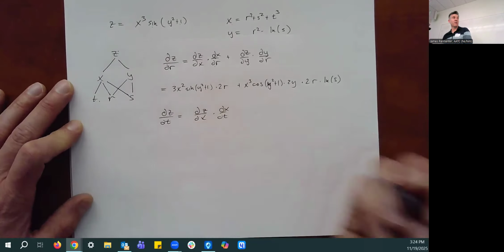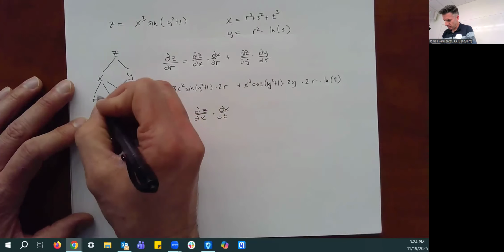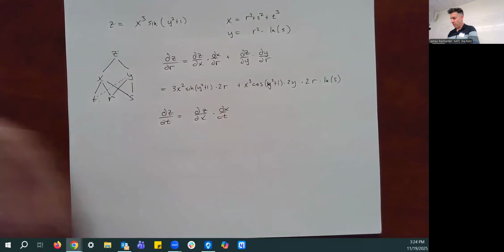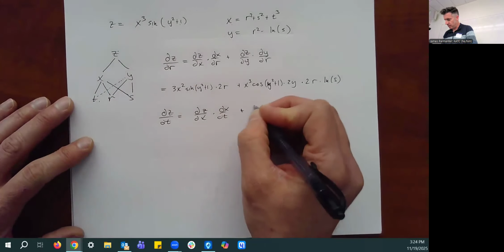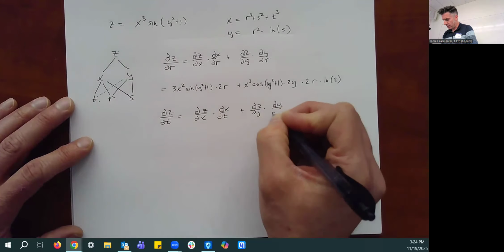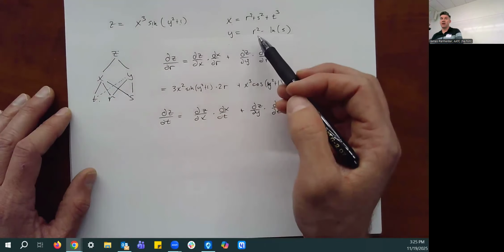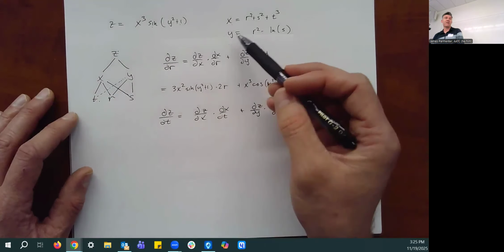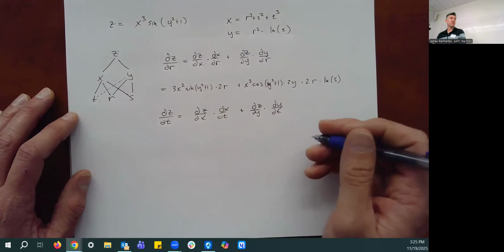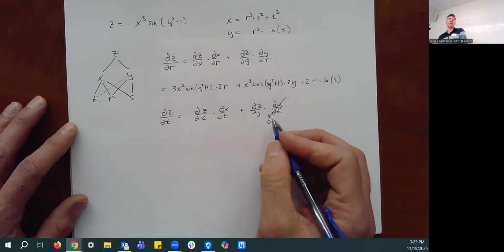If you felt compelled to write the other part, you'd say there's a pseudo map from y to t, even though y doesn't depend on t. But look at this: you'd get del z del y times del y del t. There aren't any t's in y, meaning the derivative of y with respect to t is what? Yeah, so the whole piece there is zero, which means we didn't even need to write it.